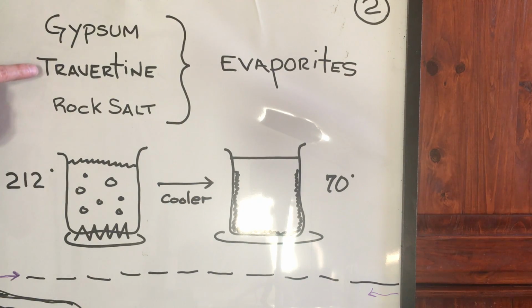Now, travertine, you'll probably see in your travels because this is very common around hot springs. The hot water comes out of the ground, it begins to evaporate, and it leaves travertine. So those are the two kinds of sedimentary rocks that are most common. You've got the clastic ones that we just talked about and the evaporites.